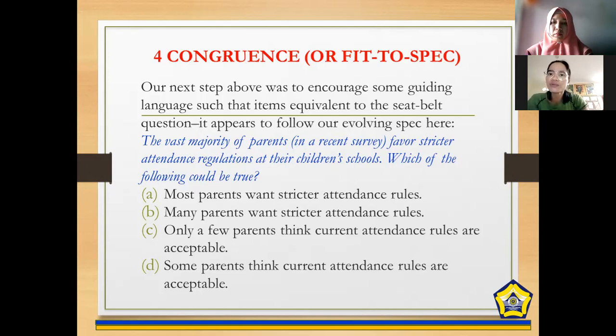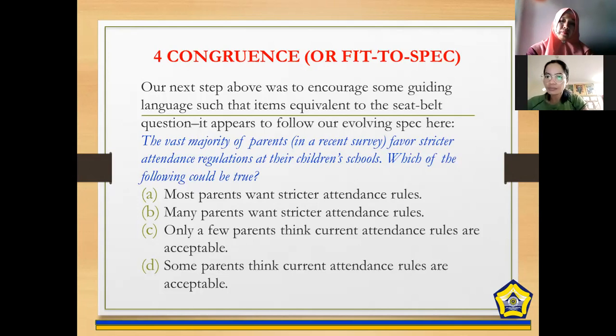Which of the following could be true? A, most parents want stricter attendance rules. B, many parents want stricter attendance rules. C, only a few parents think current attendance rules are acceptable. And D, some parents think current attendance rules are acceptable.